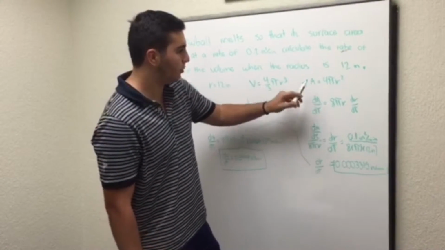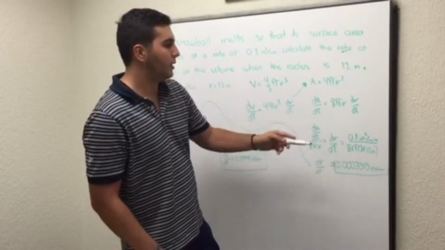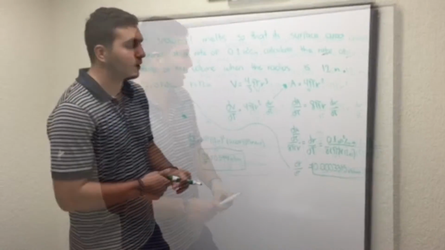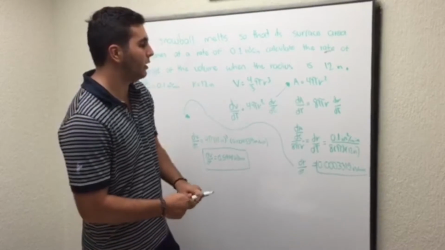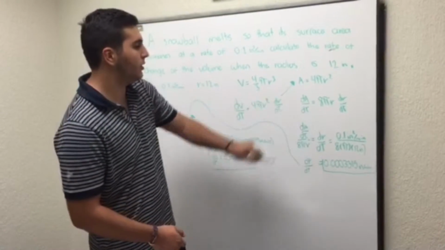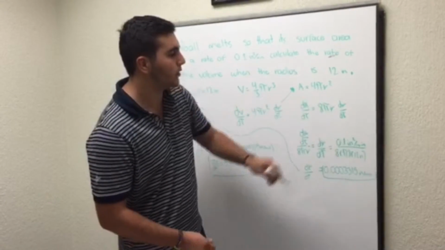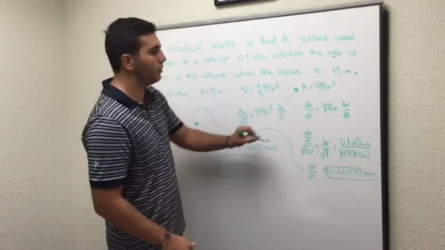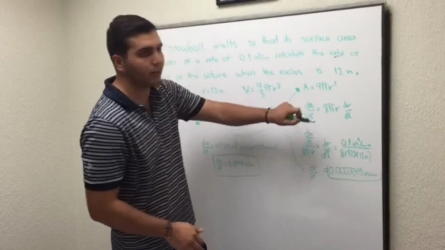So we derive the formula, and it is 2 times 4, that is 8, pi times radius times dr over dt. So in this part we already know the dA over dt and the radius. So the only thing that we need is dr over dt, and to get that we need to clear all the equation except dr over dt, to leave it alone.